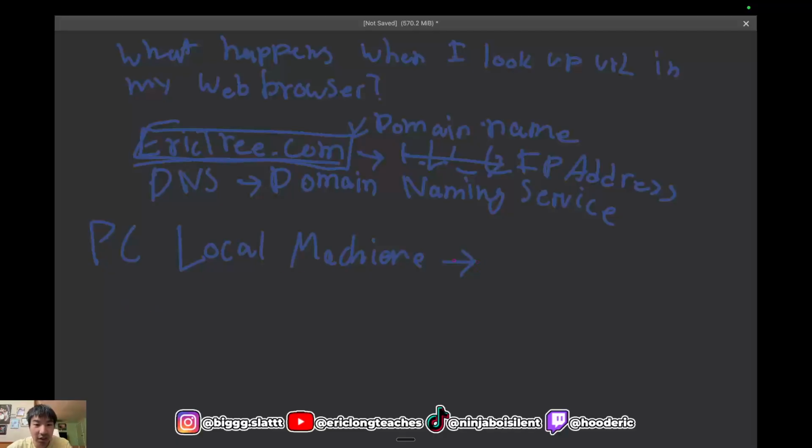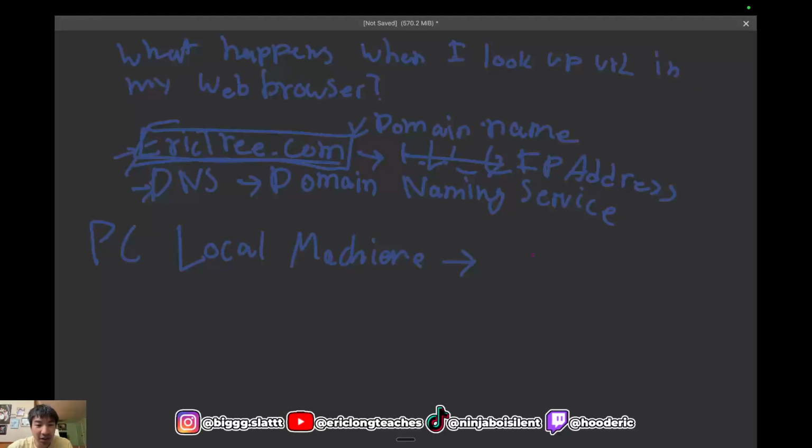What is the server? The server is whatever's hosting erictree.com, or whatever's hosting that IP. So it's like my computer is talking to someone else's computer, and that someone else's computer is usually called a server.